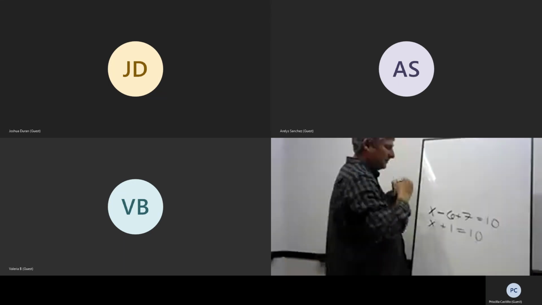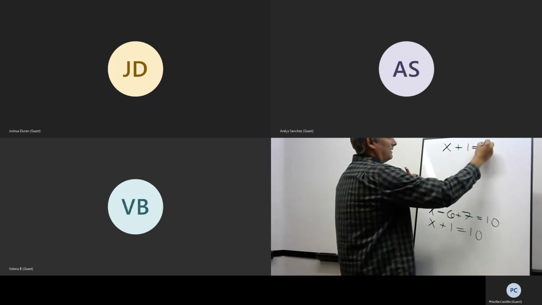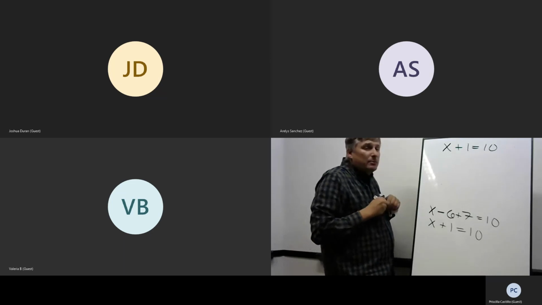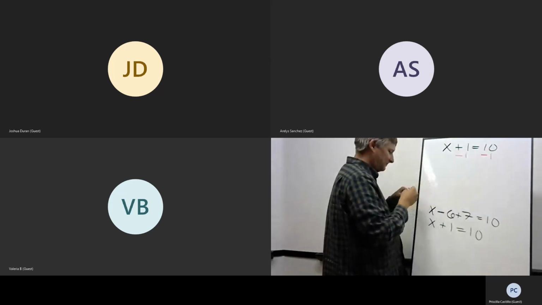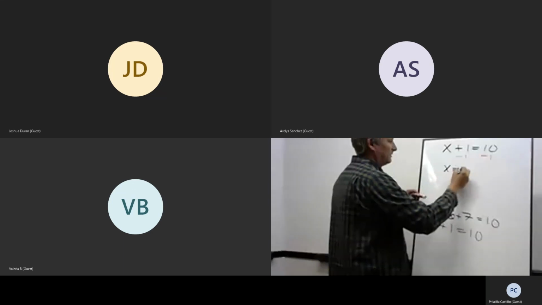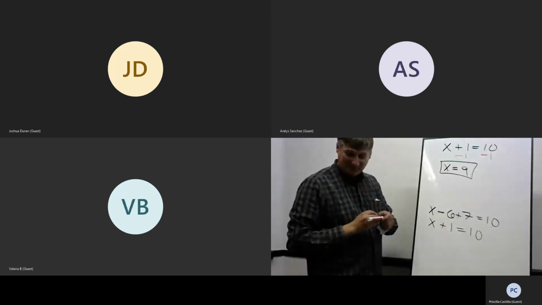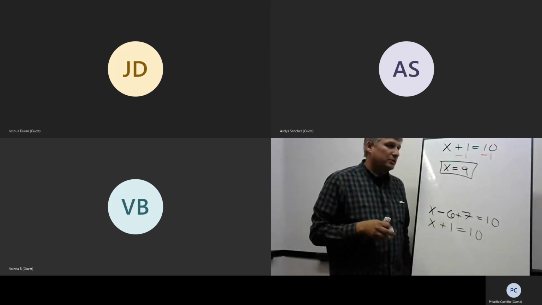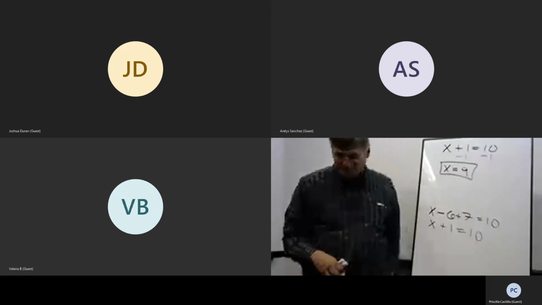So I'm going to redraw this up here. Now you might even just guess an answer at this point. But now I'm going to move this one. Get the numbers all on one side. We get x is equal to 9. So the key with that one, use distribution to get rid of those parentheses and then combine like terms.